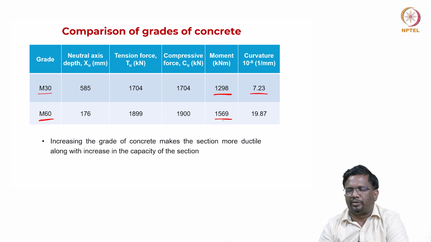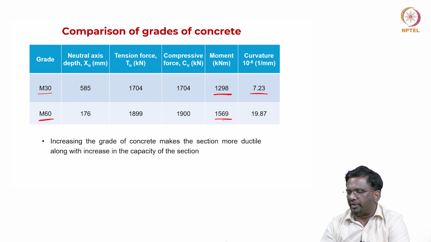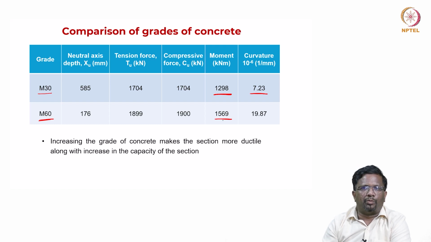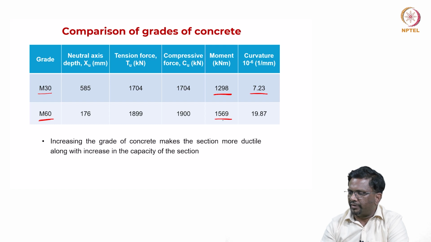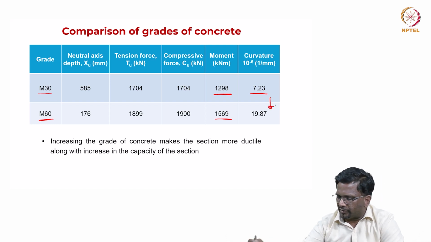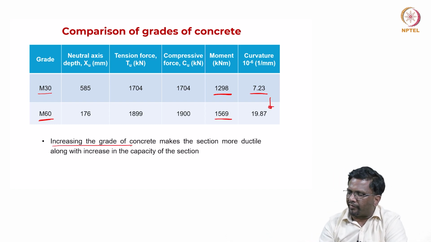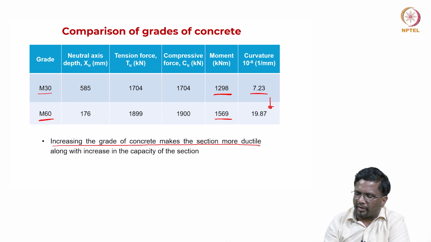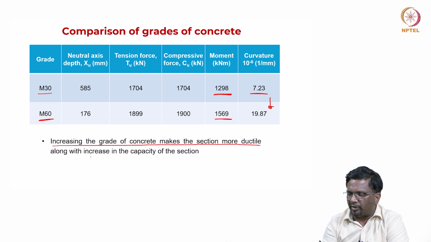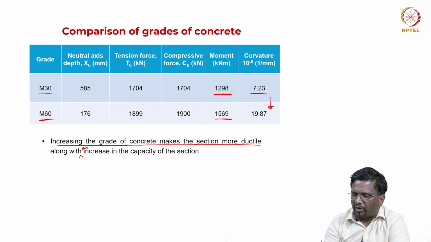So you see 1300 to 1500. So you see it is not even about 15% or so that I am getting, probably, right, in increase in your moment capacity. But what it helps is, your curvature increases. Okay, that's what I say. Increasing the grade of concrete makes the section more ductile, along with some marginal increase, but not much.